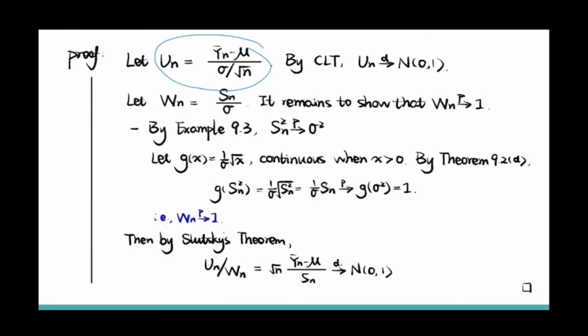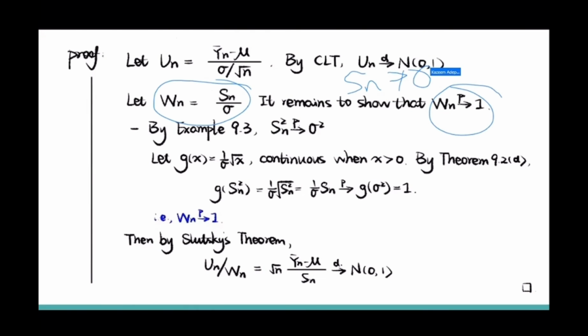If I go by Slutsky's theorem, where Sn converges to the population standard deviation, the Wn here is going to converge to one. Because when Sn converges to sigma, you just have sigma divided by sigma, and under a sufficiently large sample, we expect Wn to converge to one.